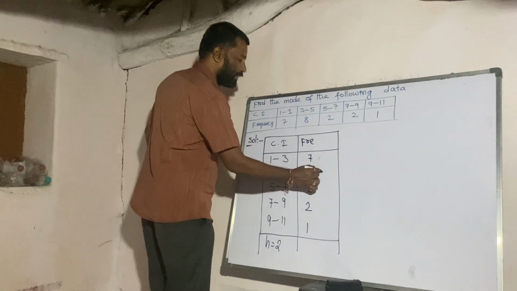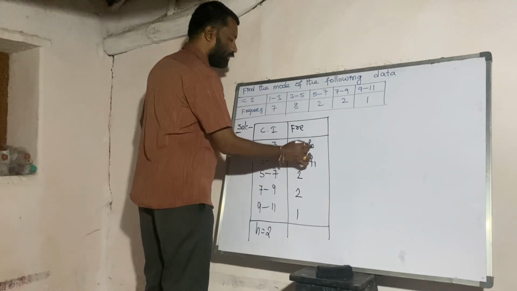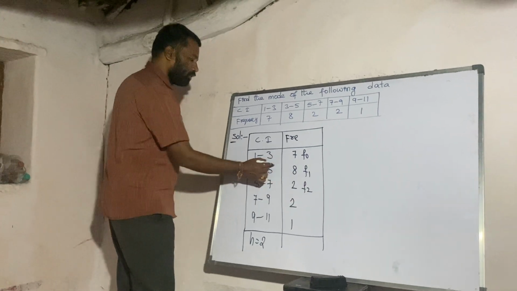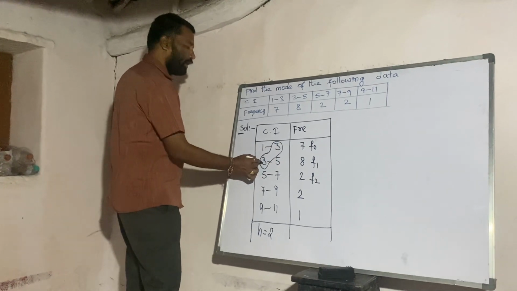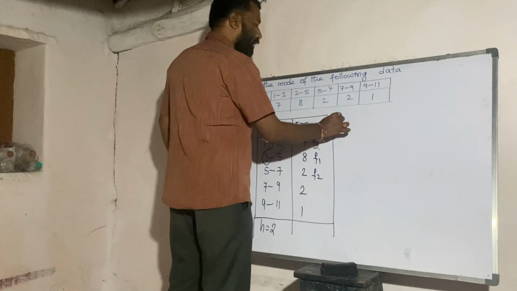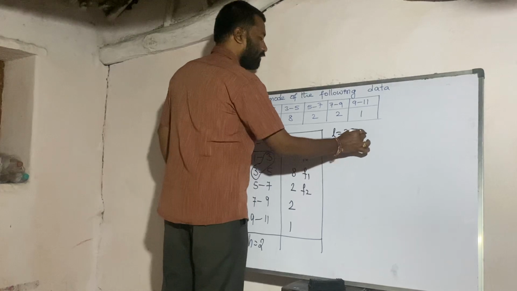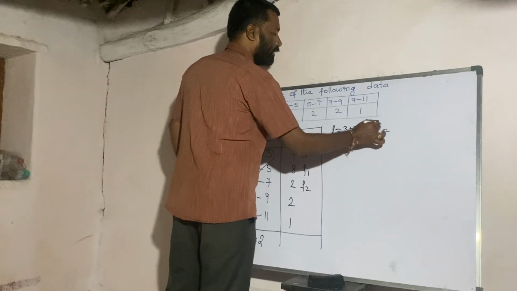Highest frequency is f1. Its preceding frequency is f0, its succeeding frequency is f2. The average of the modal lower limit and its previous upper limit is L. L is equal to (3 + 3) by 2, that is 6 by 2, which is 3.